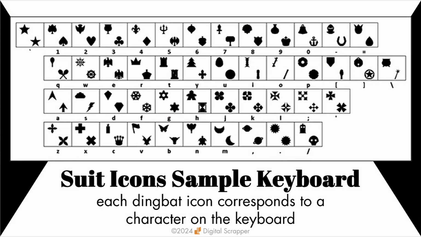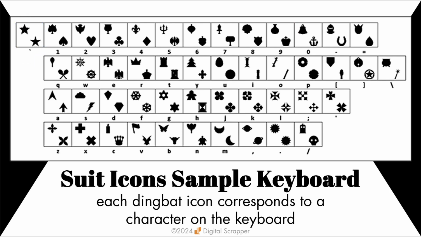Before we add the type, I want to share with you a sample keyboard for the Suit Icons font that I found online at Font Squirrel, which was displayed with the font. This sample will help you quickly see which dingbat icon corresponds to a specific character on the keyboard. For this tutorial, I'm using this star icon, so I will note that it uses the grave accent key.